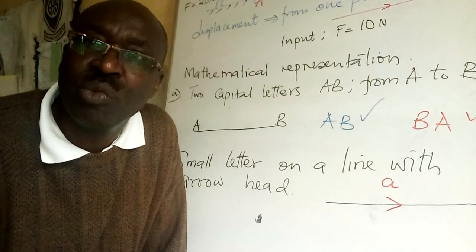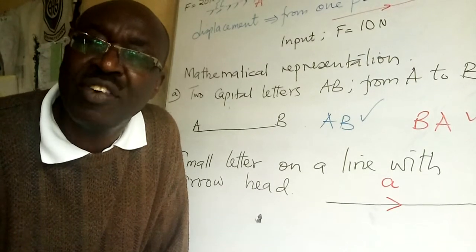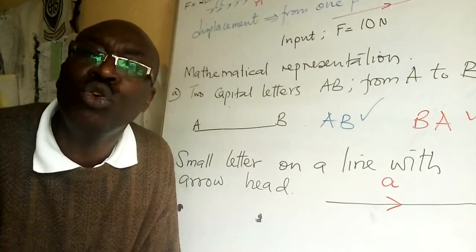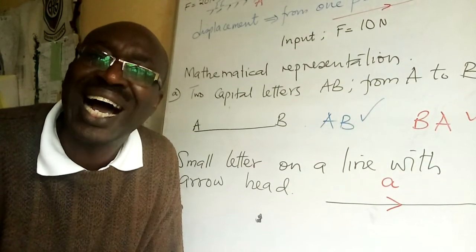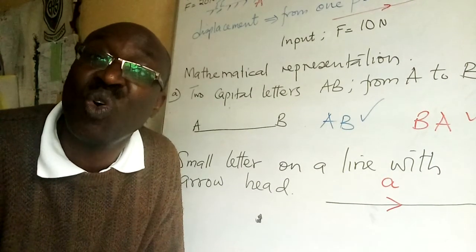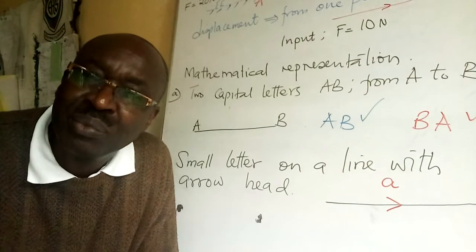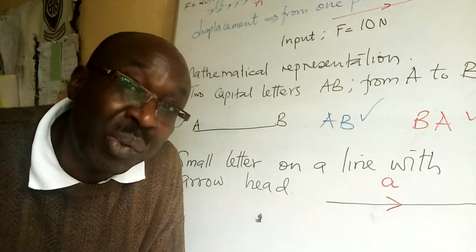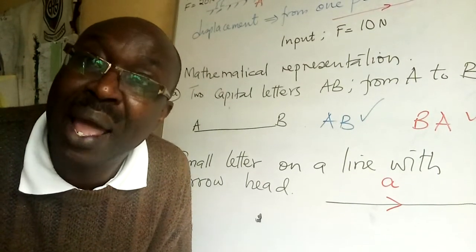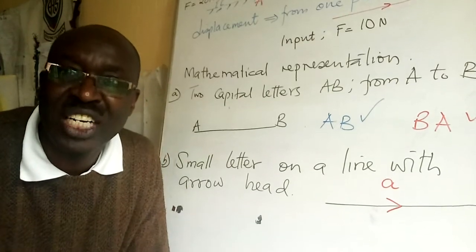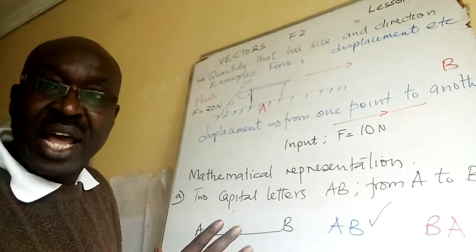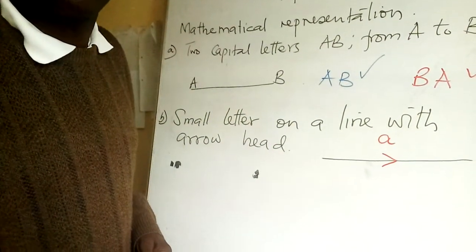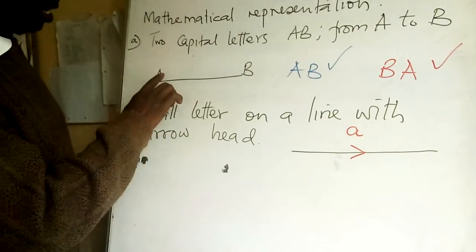Just like in trigonometry, if I have not given you the angle in a right angled triangle, you don't jump into conclusion about adjacent and opposite. Opposite of what? I have to give you the angle in a triangle for you to tell me the opposite and adjacent. But you can tell me hypotenuse, the longest side. So here, this is just a line segment.